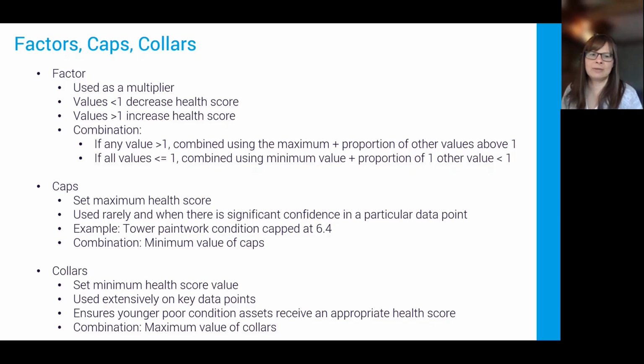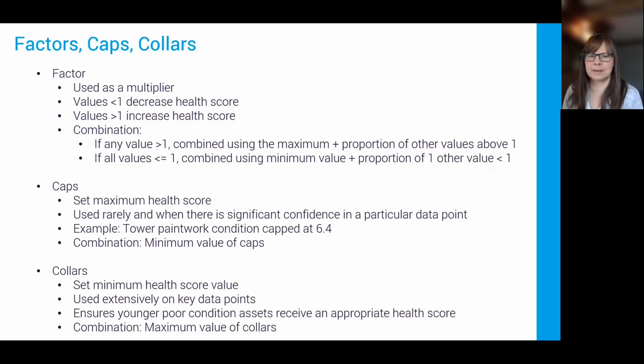And the way that's generally done is that for the factors greater than 1, we take the highest one, and then for the remaining factors up to a defined number of them, we take a proportion of those factors. There is an explanation in CNAME if you want to have a look at that, but it can be a little bit confusing. So I've really tried to make just a one-liner that explains exactly how those are combined.